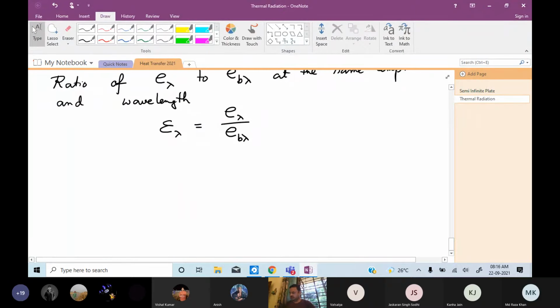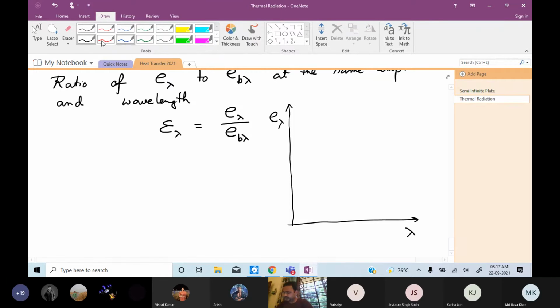So how do I graphically represent this? Let me plot the same thing again: lambda on the x-axis, E lambda on the y-axis.